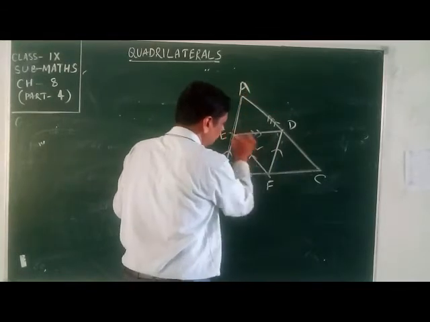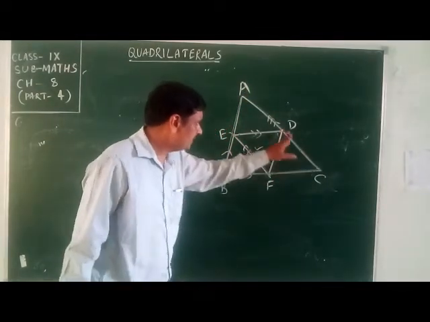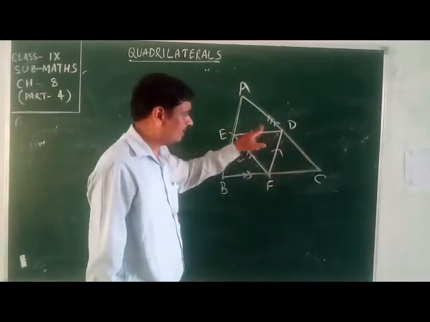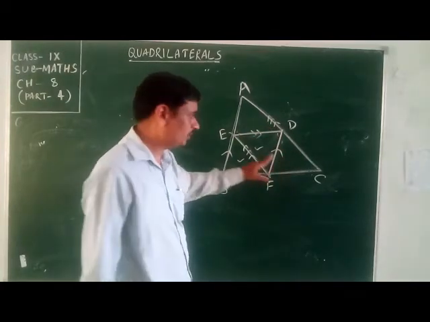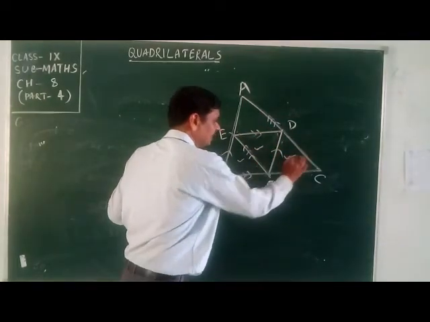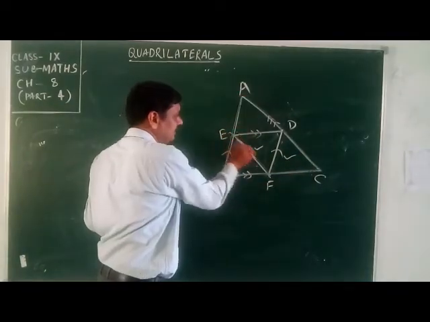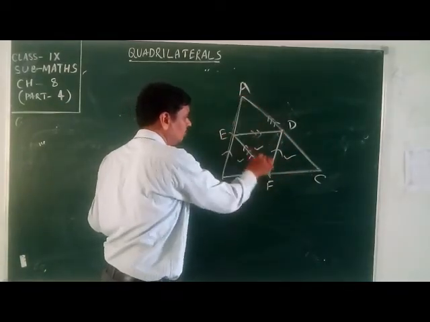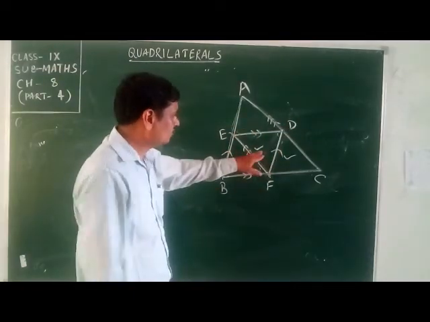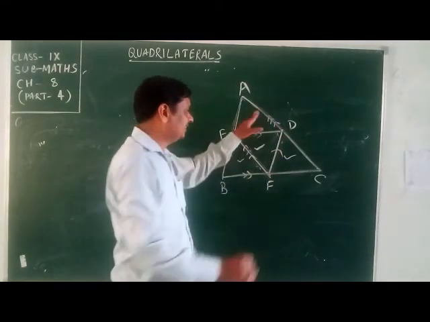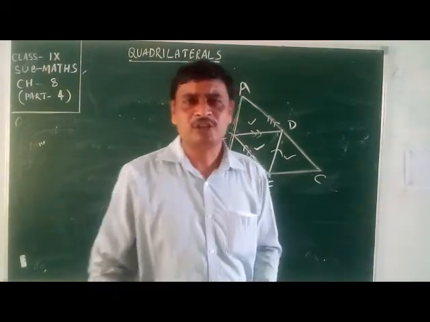This AC is parallel with EF. So CDEF is also a parallelogram and DF is the diagonal. So this triangle and this triangle are also congruent. And AEFD is a parallelogram where DE is the diagonal. So this triangle is congruent with this triangle. In this way, all these four triangles are congruent with each other.